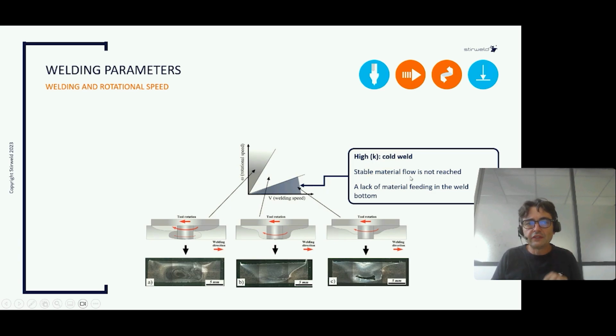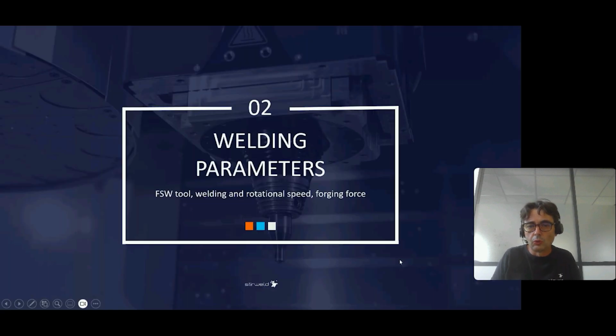This cold weld is characterized by a porosity in the weld root. It's not a punctual porosity, it's a continuous porosity. That's why we like to call this defect a wormhole, because it's a continuous porosity. This wormhole appears in the weld root. Why?